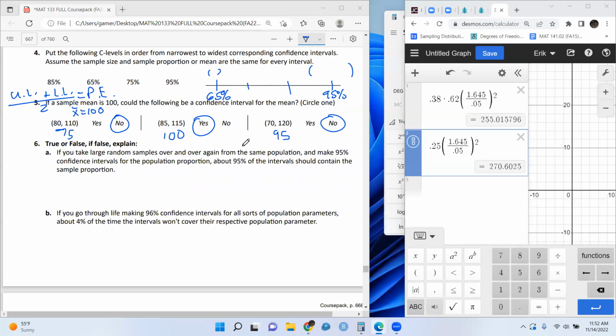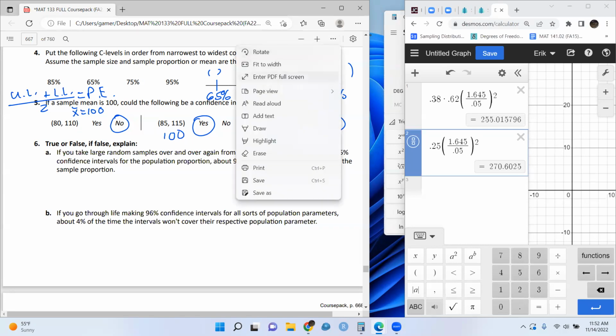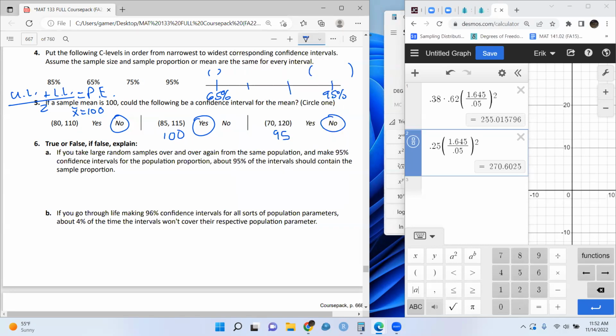Is it within there? Is it the exact center? So when you do that sum and divide by 2, you've got to get 100, or this is not an interval for X bar. Oh, okay, that makes so much more sense. Got it. Nice. I didn't read the instructions, I guess. No worries. It's kind of a weird little question. We're just asking you to remember where the point estimate is within the interval.